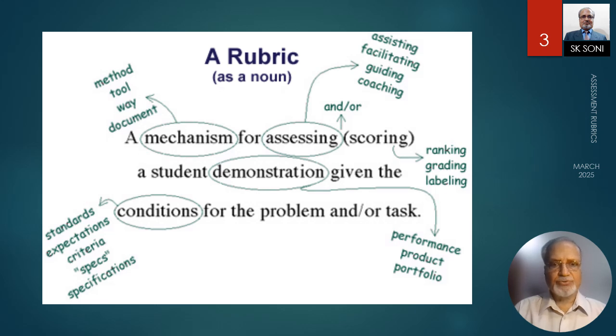Let us now use this graphic to understand the components of a rubric, a mechanism for assessing or scoring a student demonstration given the conditions for problem and or task. Mechanism means method, tool, way or document.